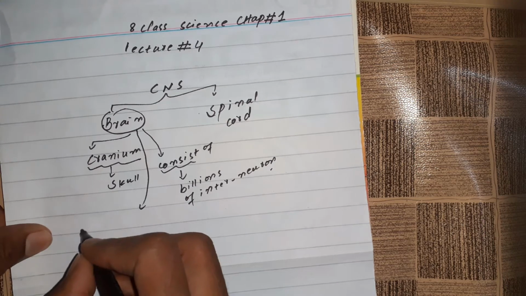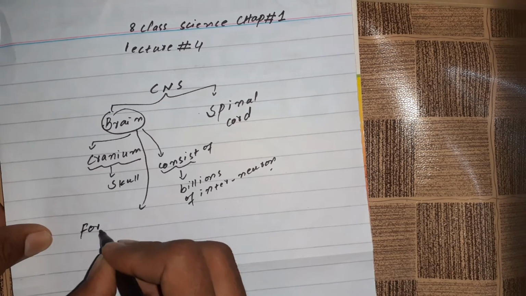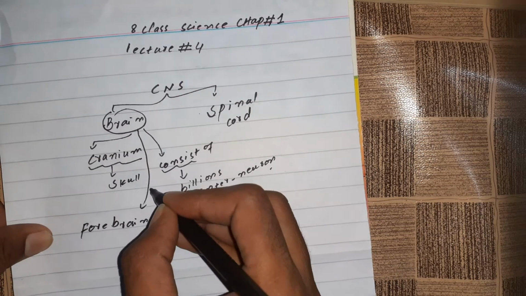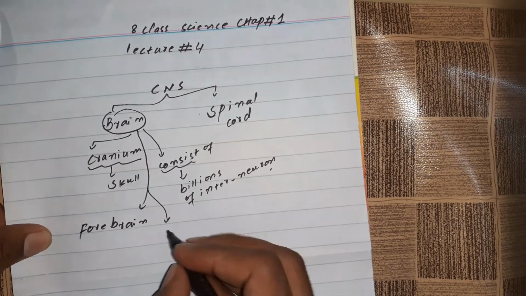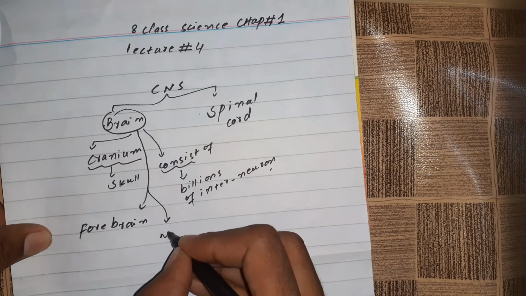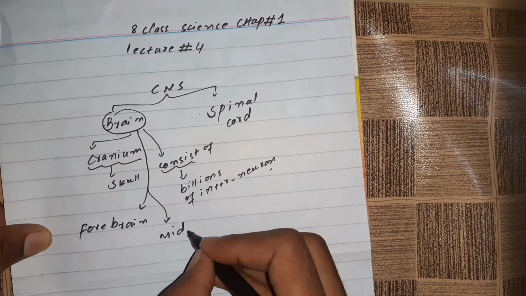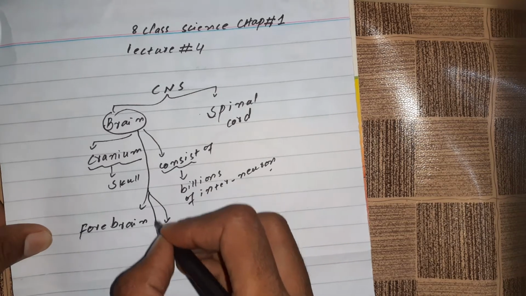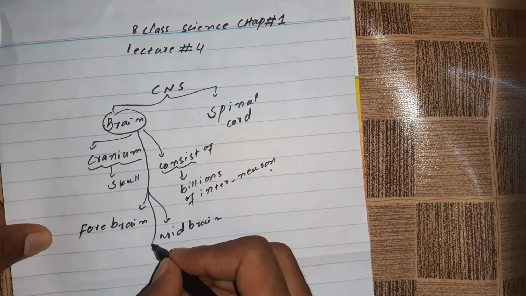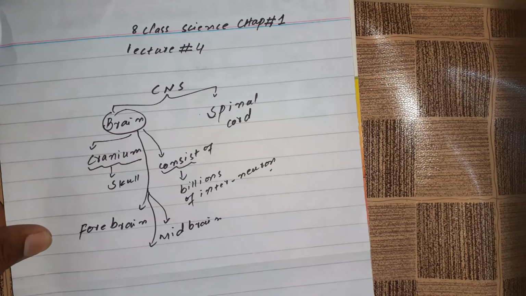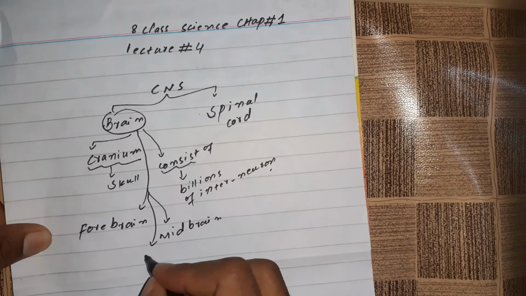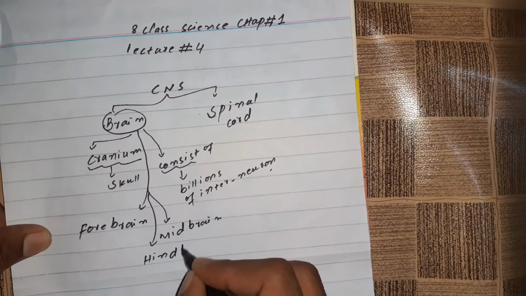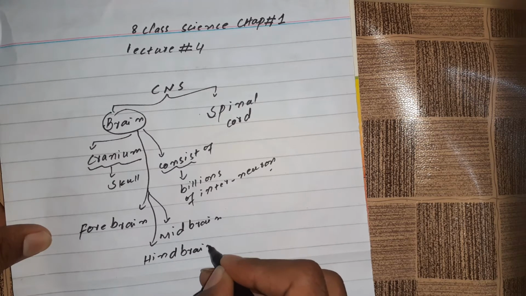First of all we have the forebrain, and midbrain, and the third one is the hindbrain. Clear?